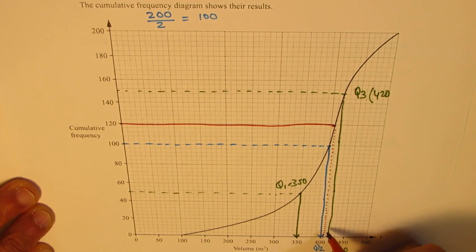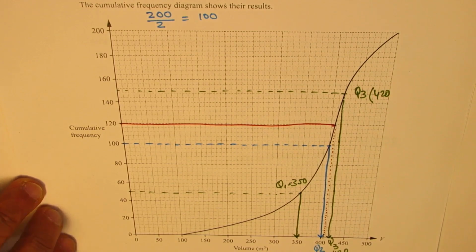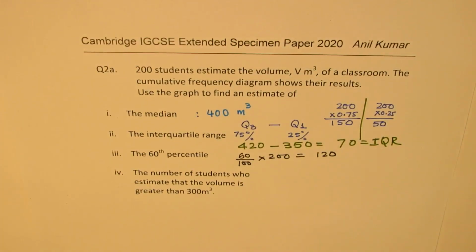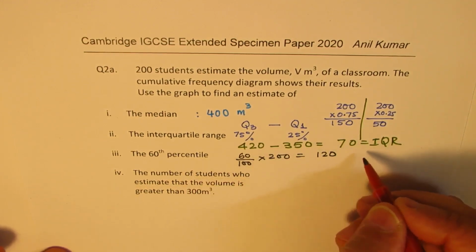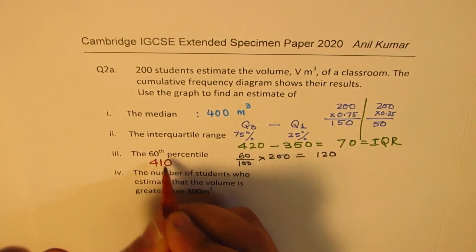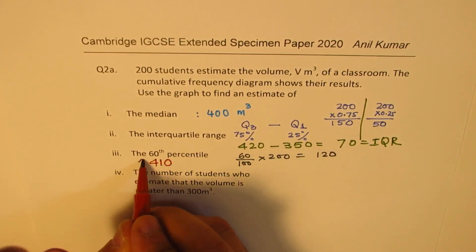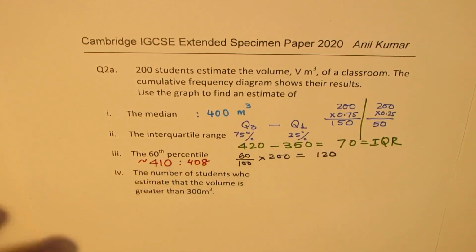Not exactly 410, but slightly less than that, but you know what, we could give 410 as our answer. For the 60th percentile, we read the value as 408 approximately. It looks like 408 actually, but because of the graph, there could be errors. So 410 could be an acceptable value.